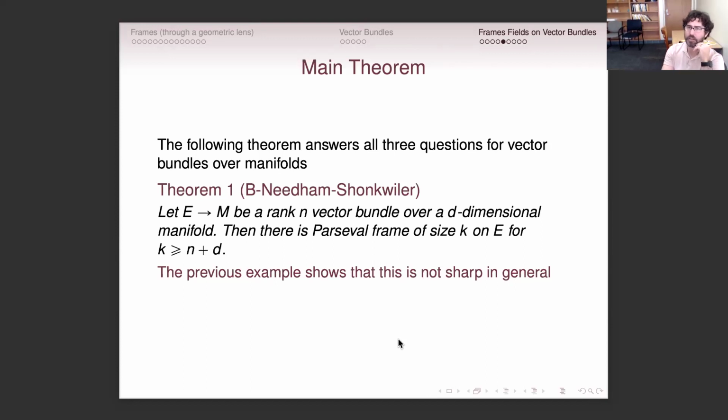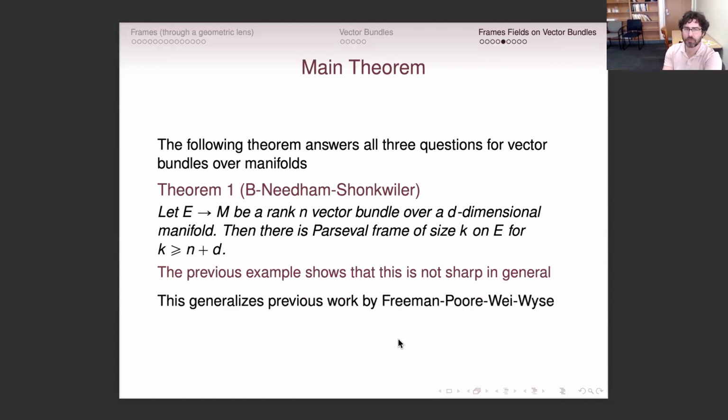So it's not telling you that you can't find ones in lower dimensions. It's just guaranteeing that once you get to this critical dimension, you'll always be able to find them. I should also mention that this generalizes some previous work by Freeman, Poore, Wei, and Weiss that talked about other situations where you're working with parsable frames on vector bundles.